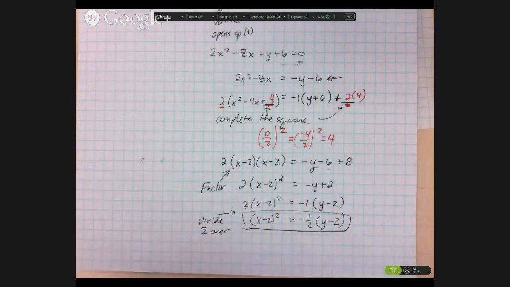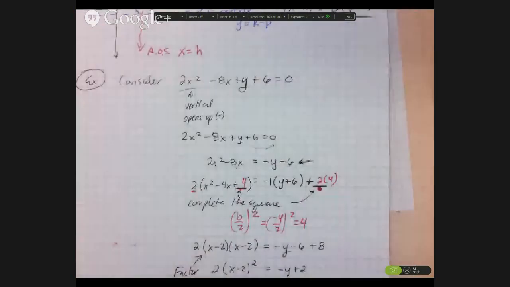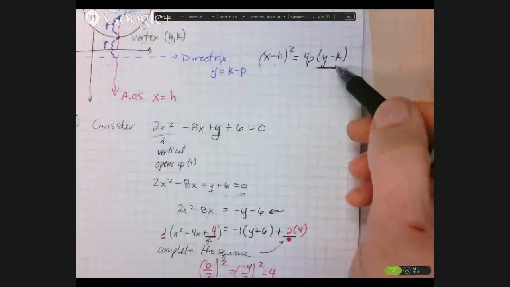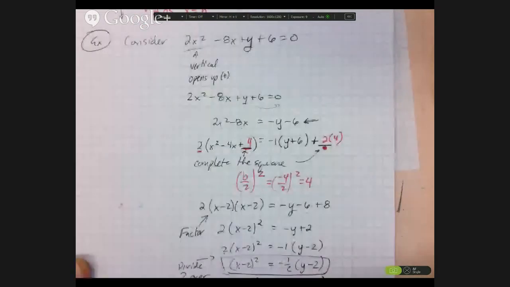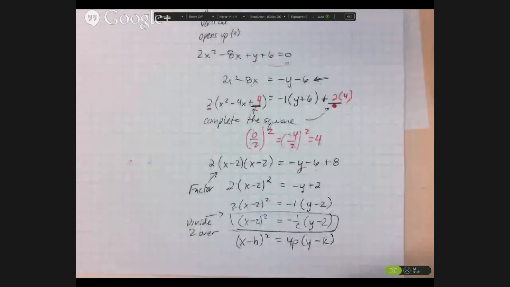Do you need me to go through the p and the directrix and all that? Or are you good? Like, if you took this equation, could you calculate p, h, and k and grab the directrix and the axis of symmetry and stuff?